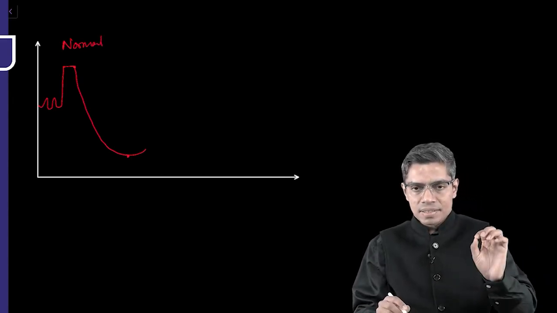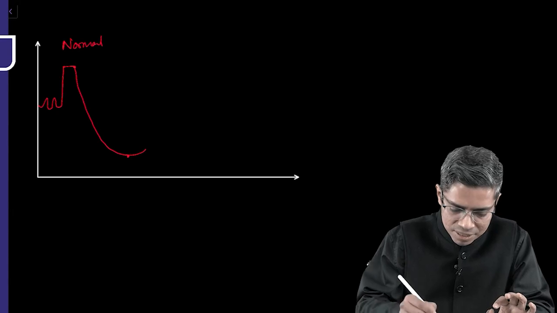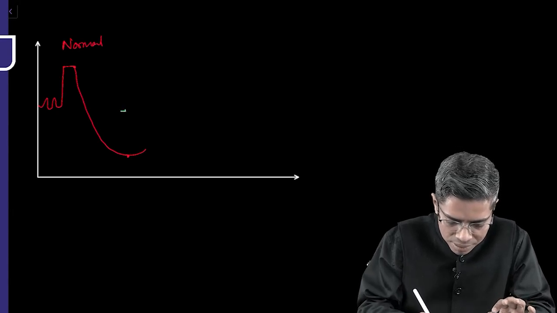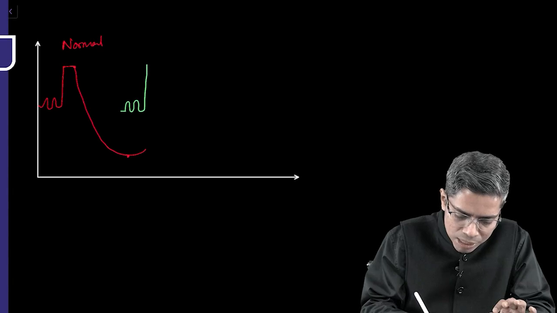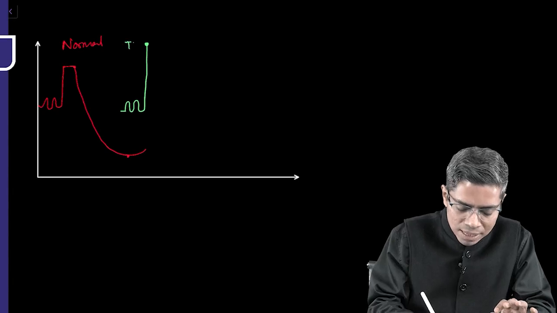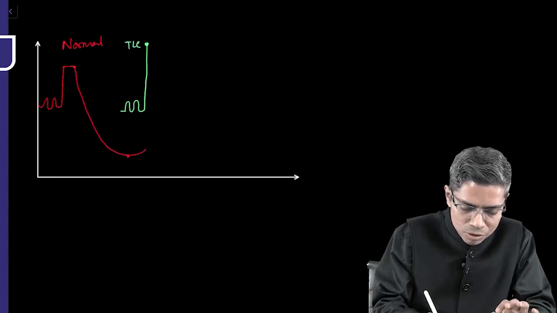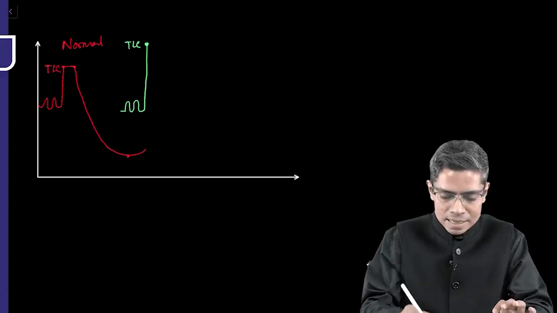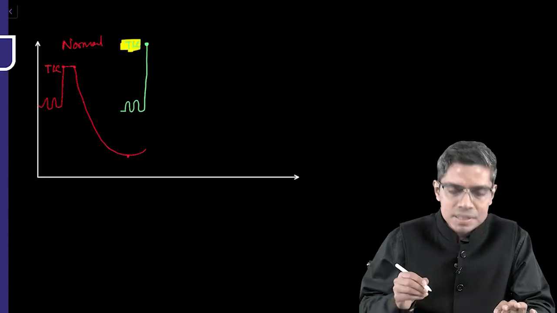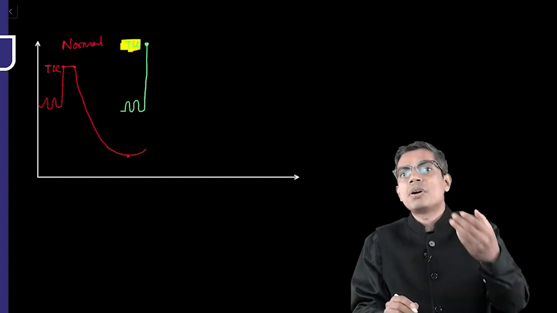If I record this same maneuver from an emphysematous patient, inspiration, expiration, now I am asking the subject to take a deep inspiration, the lung will be hugely expanded and the total lung capacity will be more than that of this normal person. Look here, this is the total lung capacity of the normal person. In case of emphysema, the total lung capacity is high. But when will the problem arise?